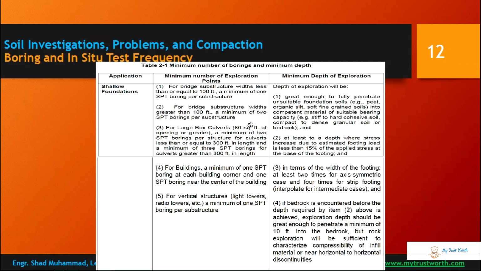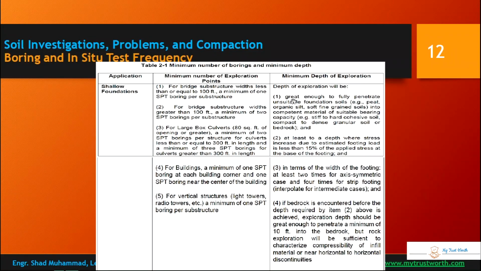Number of exploration points: the minimum depth of exploration should be great enough to fully penetrate unsuitable foundation soils such as peat, organic soil, and soft fine-grained soil into competent material of suitable bearing capacity, e.g. stiff to hard cohesive soil, compact to dense granular soil, or bedrock.